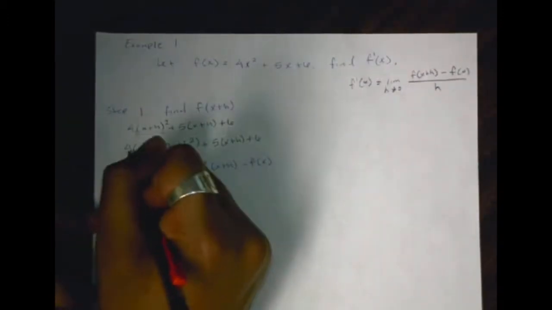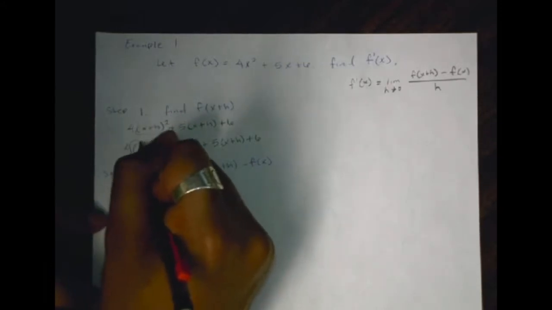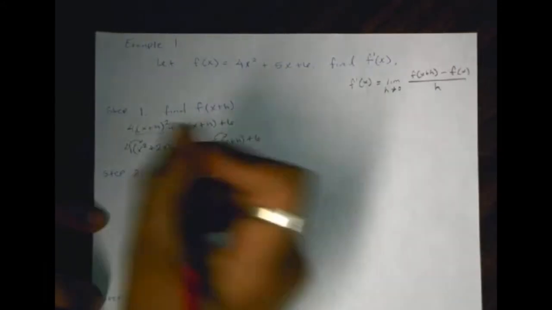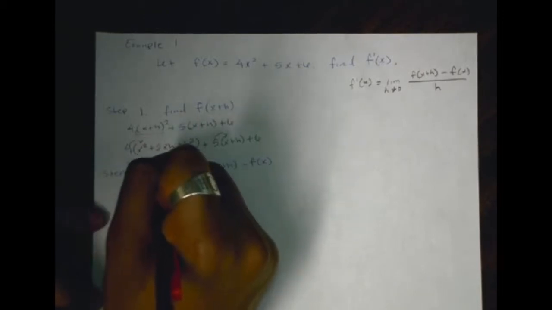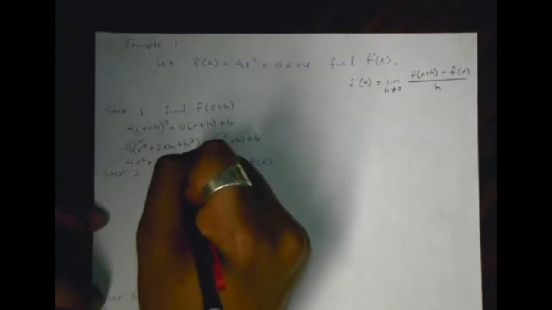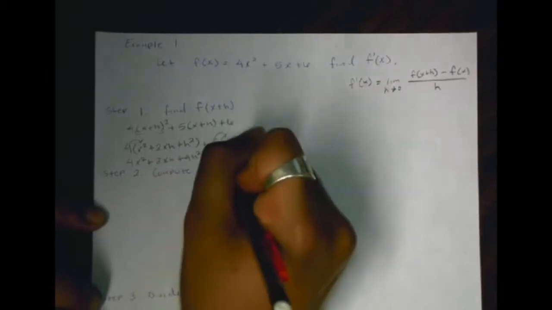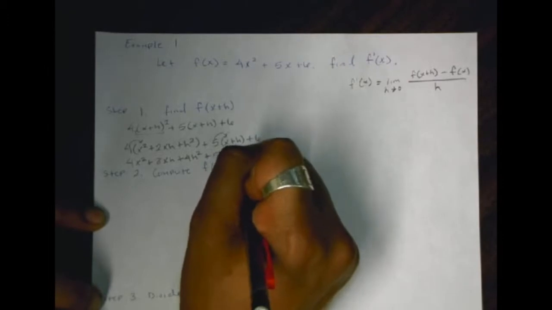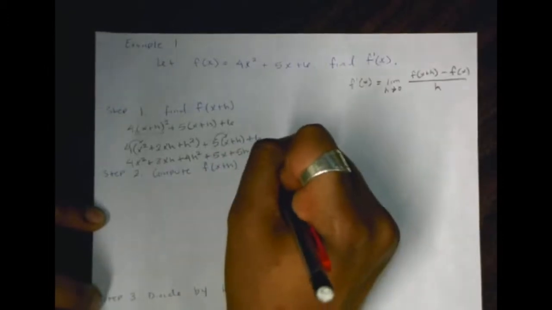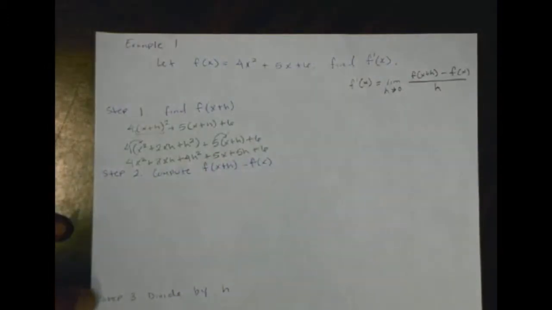Now I can distribute this 4 in here and this 5 in here, and I get 4x squared plus 8xh plus 4h squared plus 5x plus 5h plus 6. Cool.